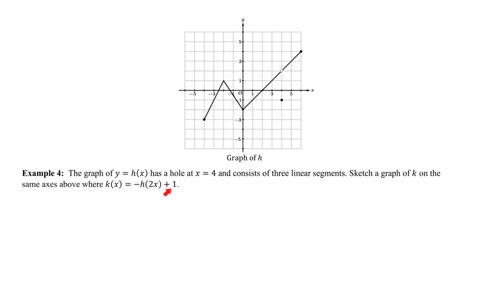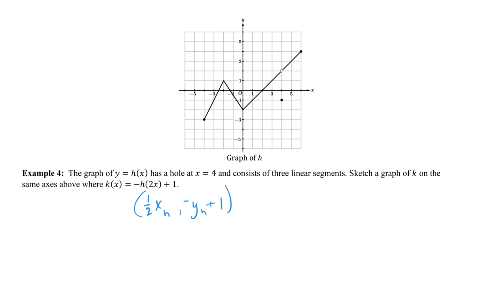And then this +1 on the outside shifts everything up 1. So what does that look like to my h values? So my x of h gets cut in half because everything that's done to the x value is inside the parentheses. My y of h is being made negative and it's adding 1, okay?